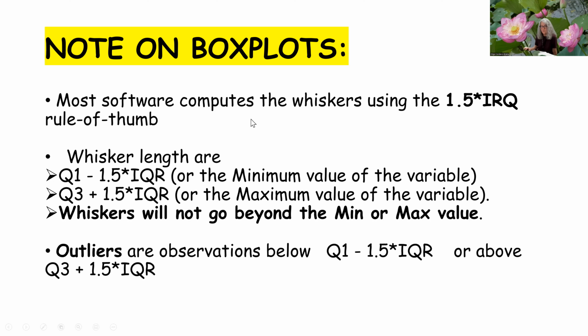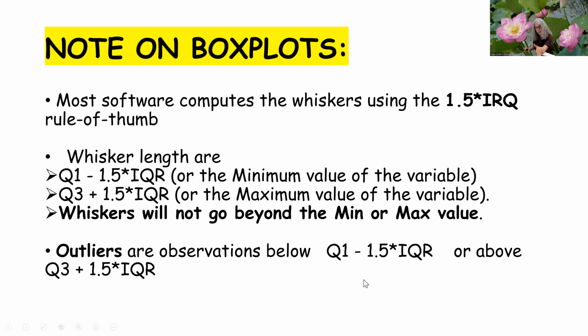On box plots, most computers draw the whiskers using a rule of thumb of 1.5: Q1 minus 1.5 times the IQR, and Q3 plus 1.5 times the IQR. That gives the range, and if any observation is above or below this mark, it will be highlighted, and then you investigate.